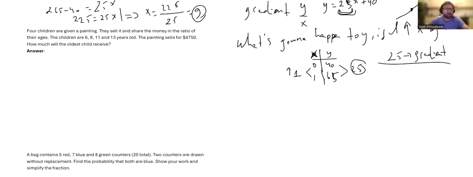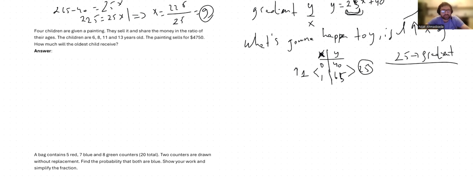Next question. 4 children are given a painting. They sell it and share the money in the ratio of their ages. The children's ages are 6, 8, 11, and 13. The painting price is equal to 47.50. How much will the oldest child, so this guy, get, right?